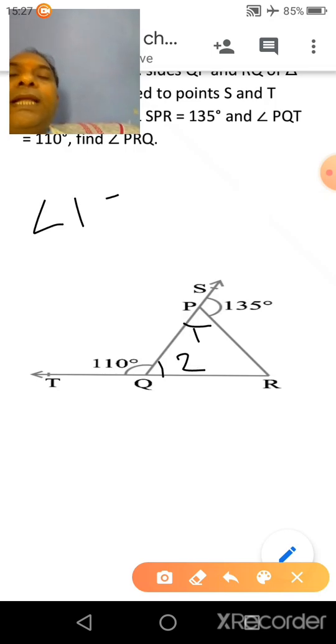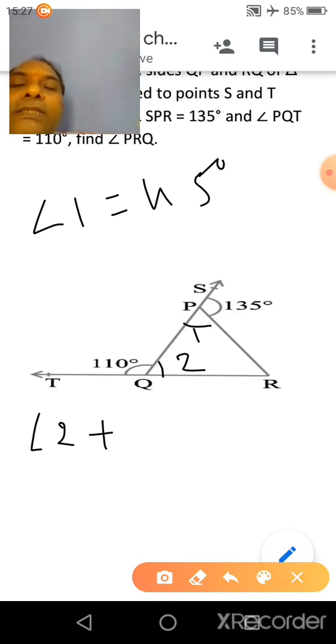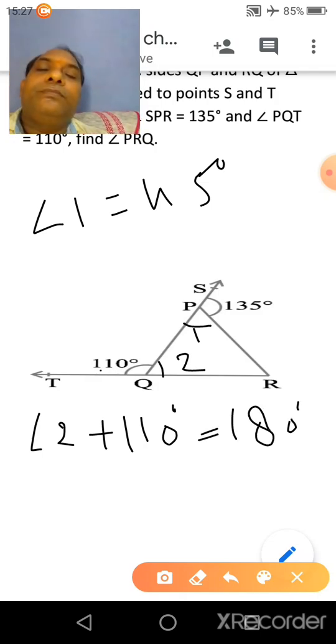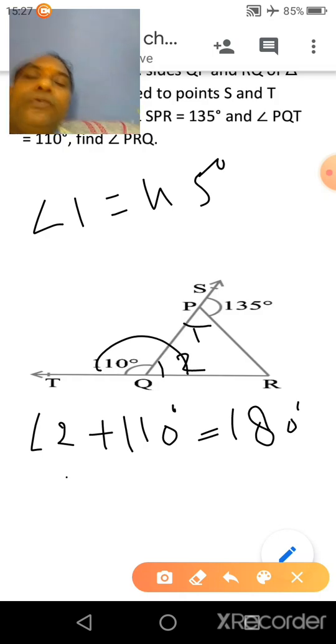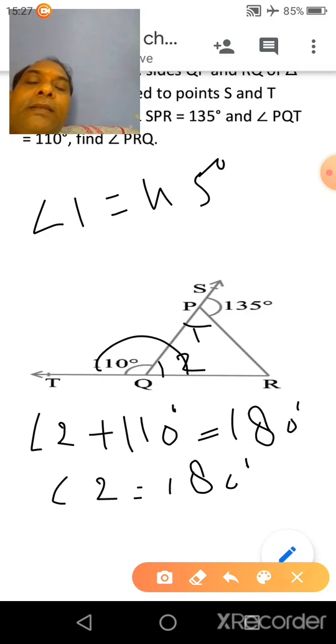So here angle 1 will be 45 degree. Now angle 2 plus 110 degree is equal to 180 degree, linear pair. Clear? So angle 2 will be 180 degree minus 110.